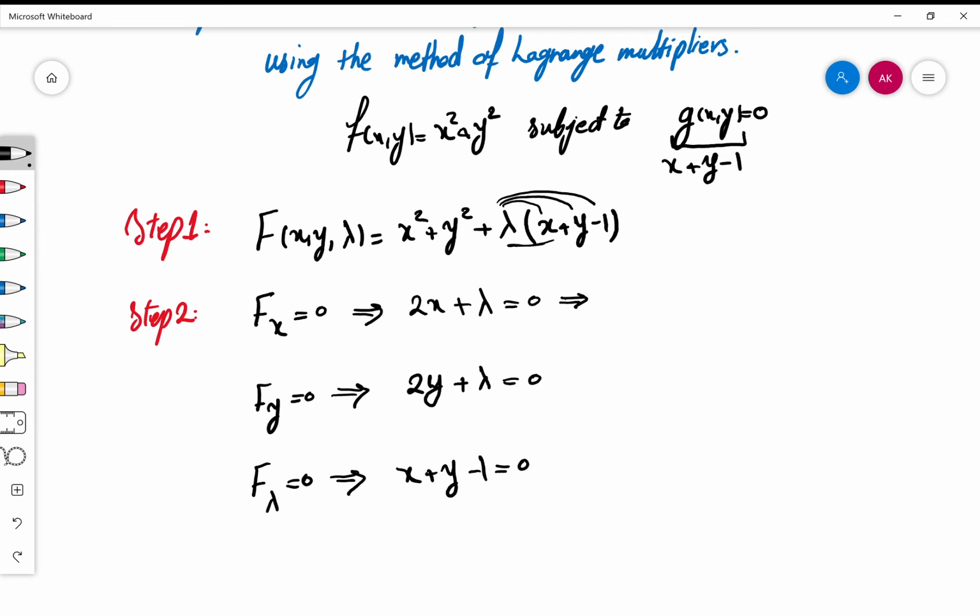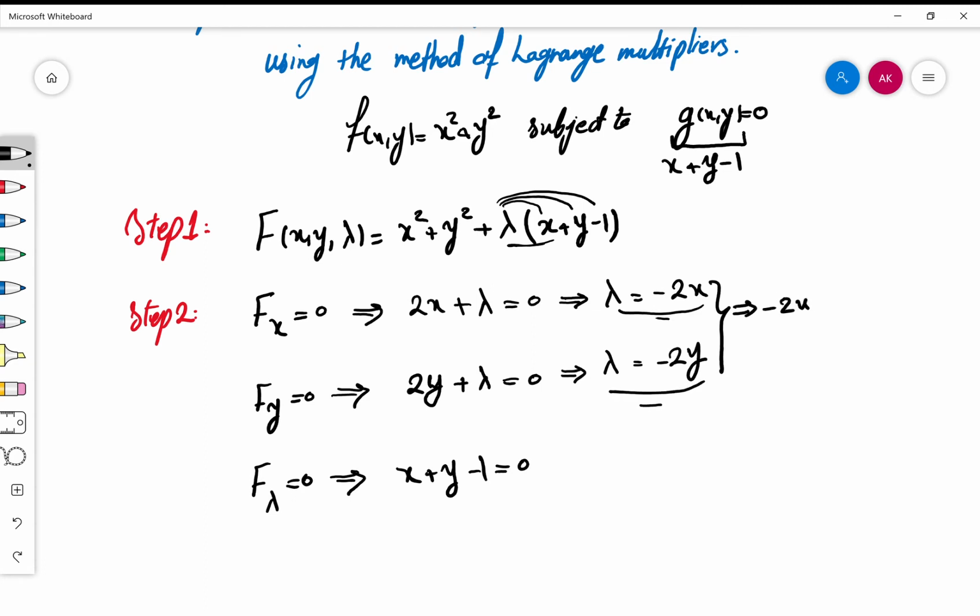So I can write lambda equals minus 2x, and then here lambda is equal to minus 2y. If you can do that, then combine these two, because negative 2x is equal to lambda, and negative 2y is equal to lambda.